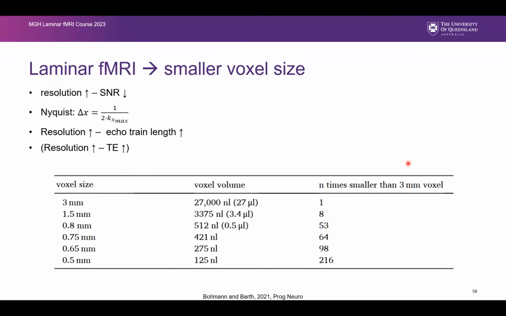To put that into perspective, if you want to go to 0.5, you are acquiring a voxel that is 216 times smaller than your 3x3x3 voxel. That is a lot. That's why we're at the limit of what the system and the analysis tools can do, and why it sometimes feels very, very hard, because we're pushing so much on this level.